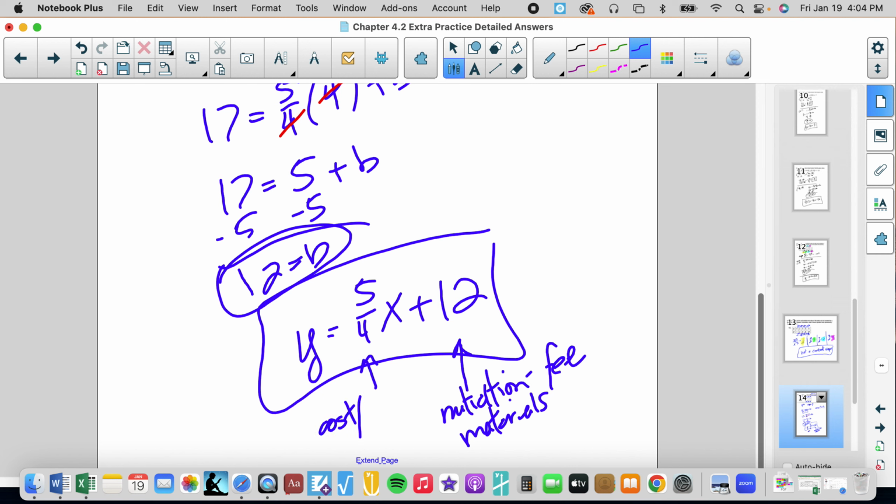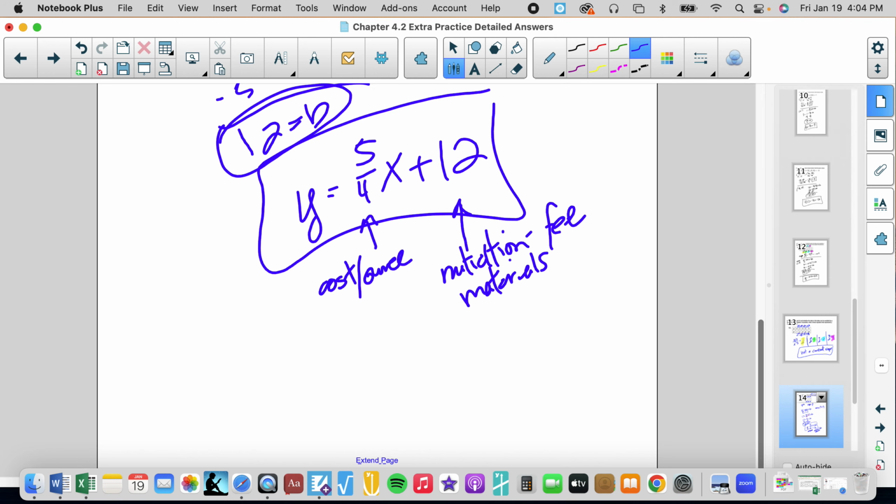And that is going to be $1.25. So you could write C equals 1.25 O, for ounces, plus $12. So that's what my formula is going to include.